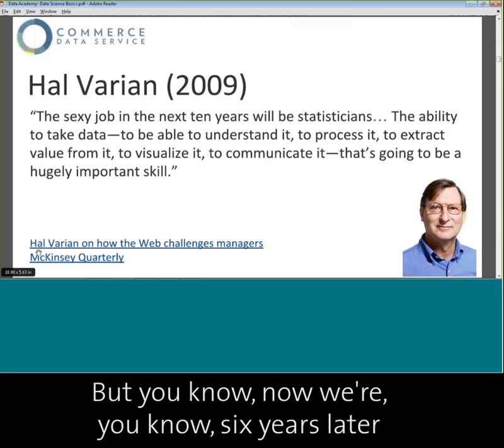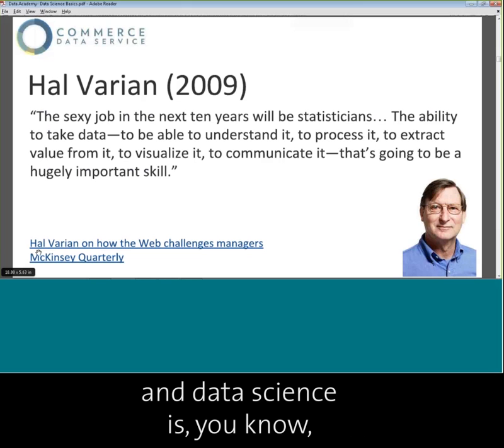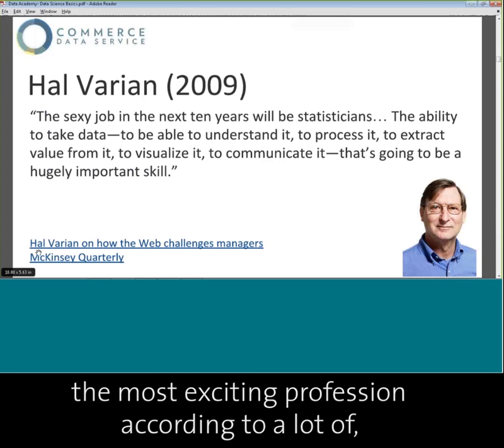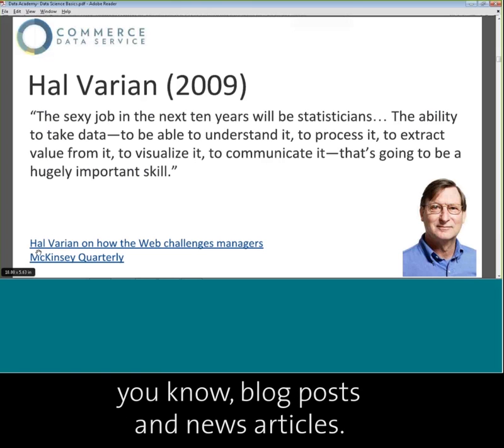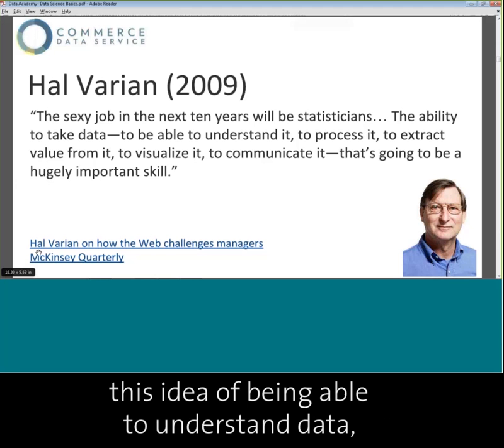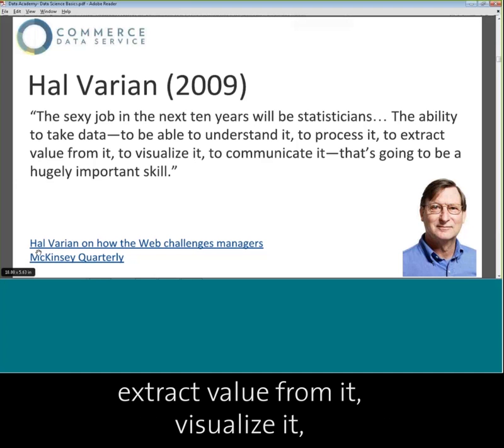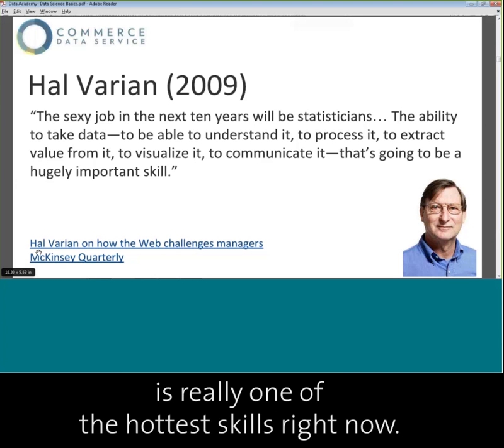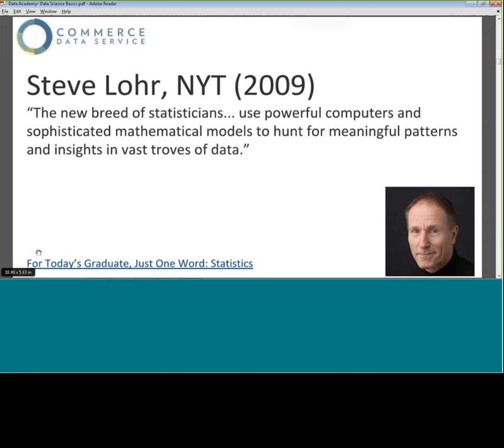But now we're 6 years later, and data science is the most exciting profession according to a lot of blog posts and news articles. So in a lot of ways, what he's saying, this idea of being able to understand data, extract value from it, visualize it, communicate about it, is really one of the hottest skills right now.